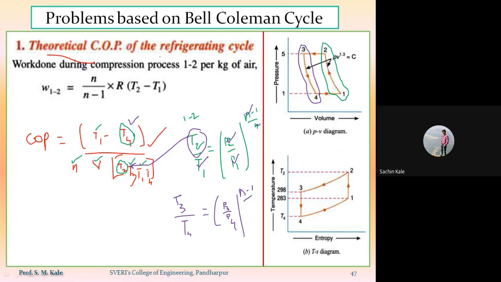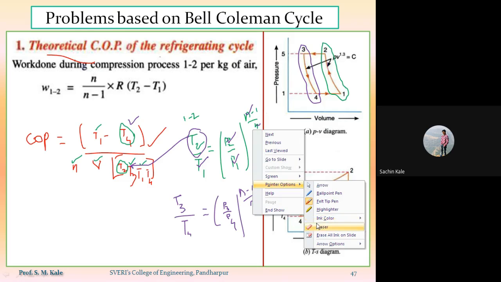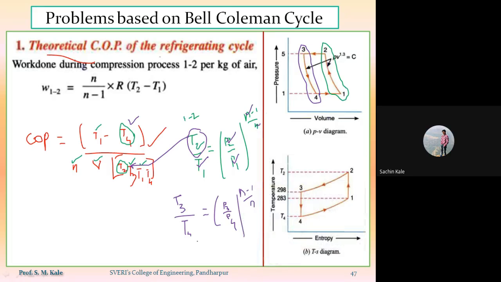Here you are knowing the value of T3, you are knowing the value of n. So the unknown quantity, that is nothing but T4, you are able to calculate. So put this value of T4 in this formula, automatically you will get the value of COP.